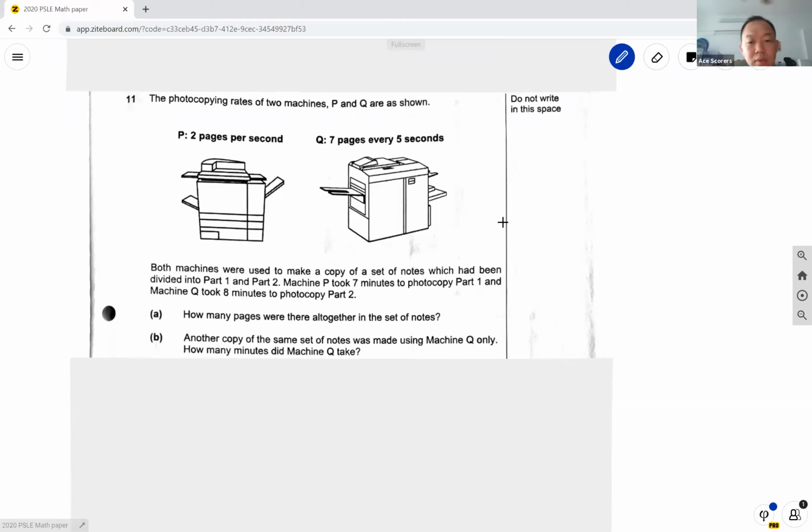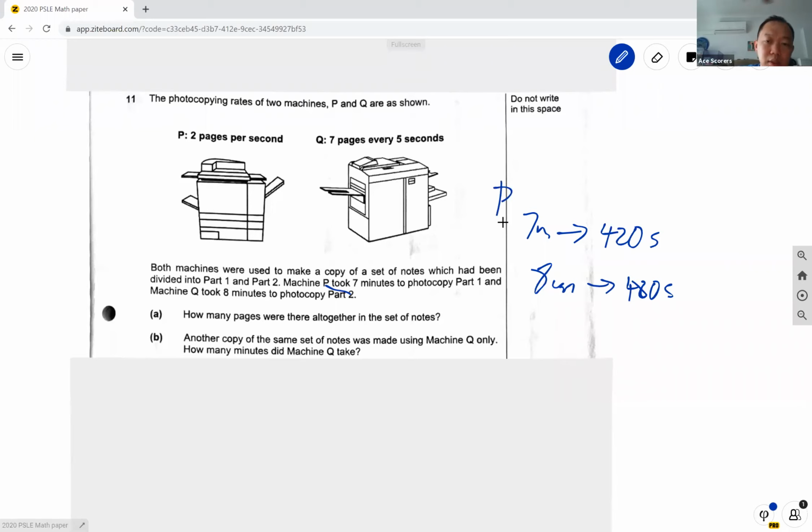We want to convert everything to seconds. 7 minutes is 420 seconds. 8 minutes is 480 seconds.